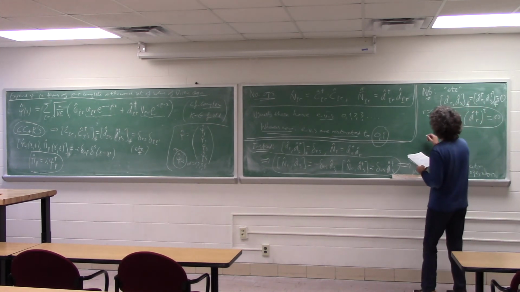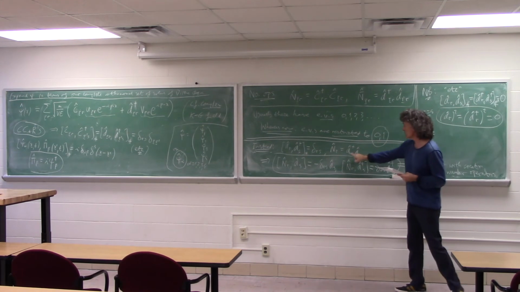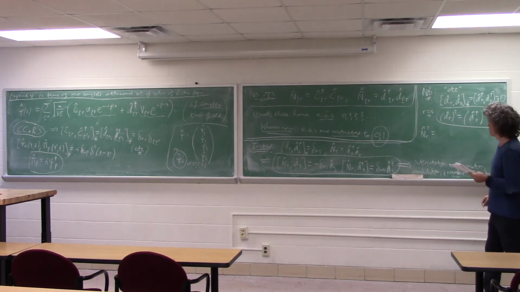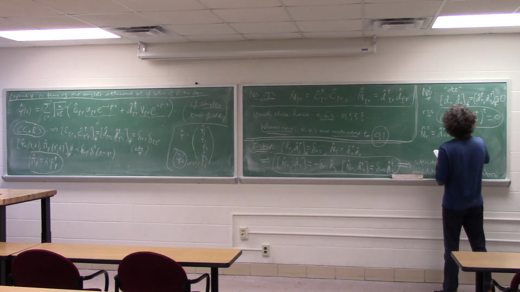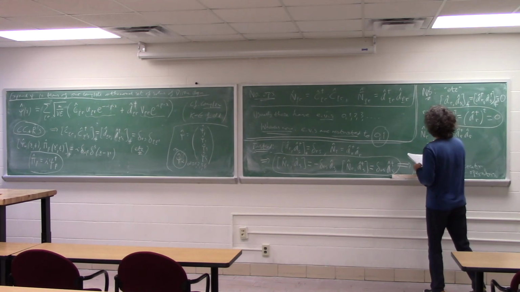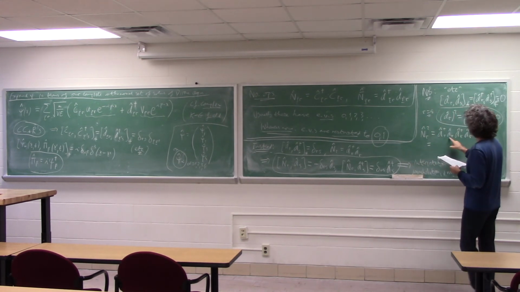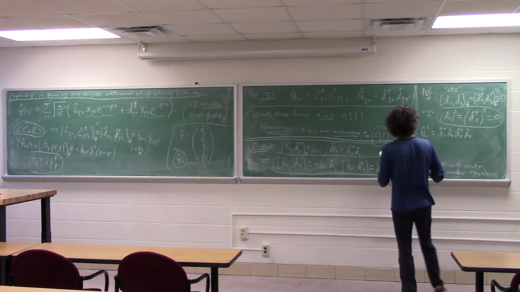And if you now look at the square of the number operator, which we define to be just A dagger A in the usual way, here's something funny happens. It's A dagger R, A R, A dagger R, A R. So I've just squared the definition of the number operator. And remember that the A and the A dagger obey this anti-commutation relation.